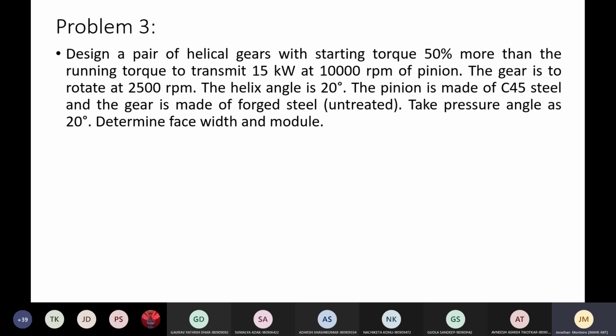Again, minimum information is given in this problem. A pair of helical gears with starting torque 50% more than the running torque. Let us write the data first.